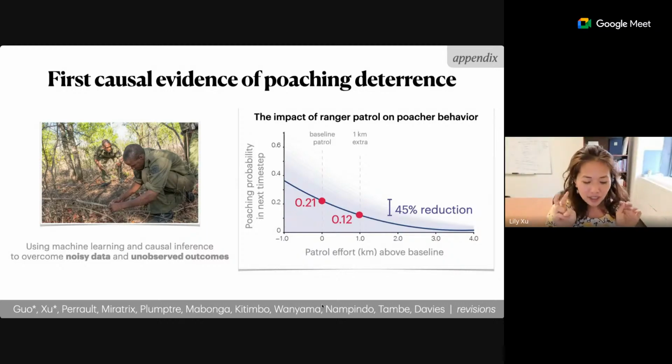And we used matching to break up the areas of the park into areas that are patrolled more than usual during the field test and areas that are patrolled less than usual during the field test, and then we compare the poaching outcomes in the more patrolled areas versus the less patrolled areas.